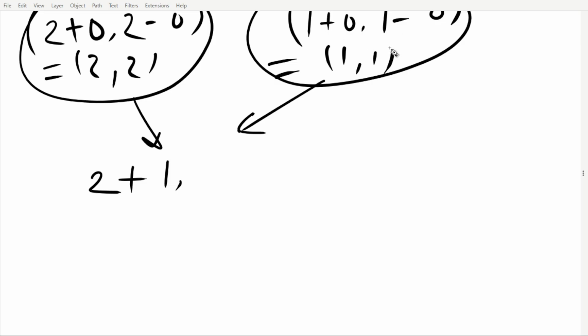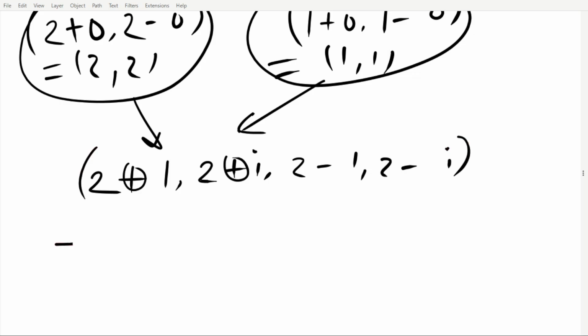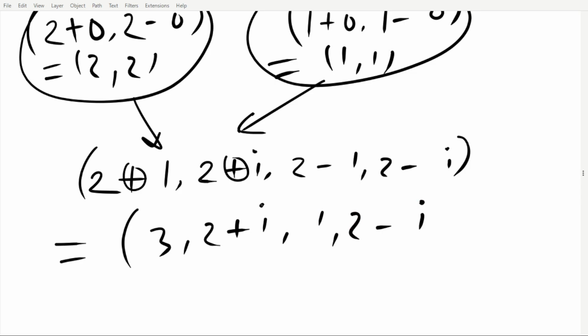So we get 2 plus i. Now the remaining values, simply flip this sign to get the second half. So 2 minus 1, 2 minus i. Evaluate this as 3, 2 plus i, 1, 2 minus i.